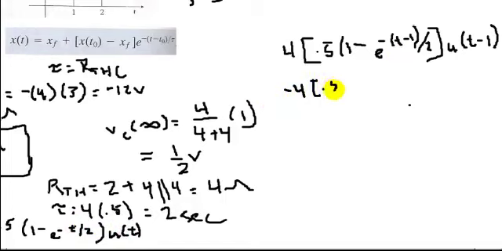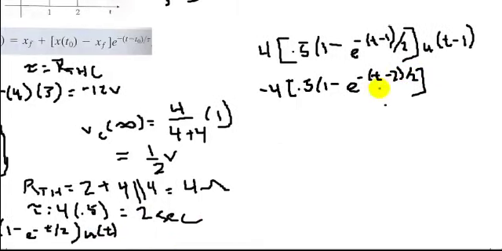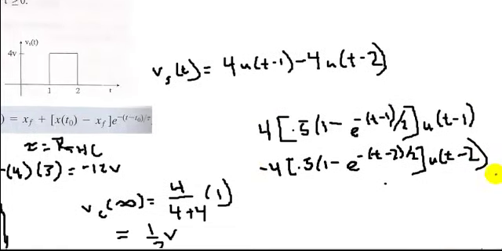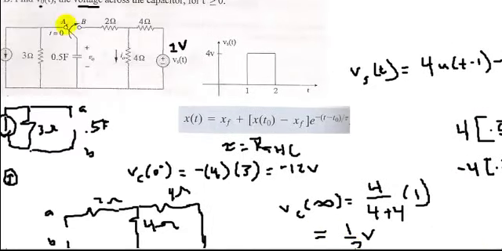So 0.5 times 1 minus e to the minus (t minus 2) divided by 2. And don't forget to delay this u of t by the same amount, t minus 2. Now this right here is our equation for that final voltage when the switch is in position B.